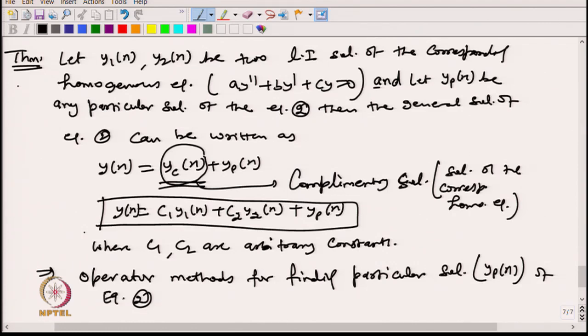There is another method also, but in this course we are going to use the operator method for finding the particular solution yp(x) of equation number 2.